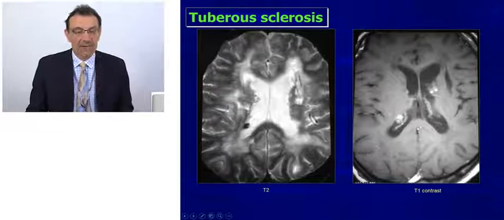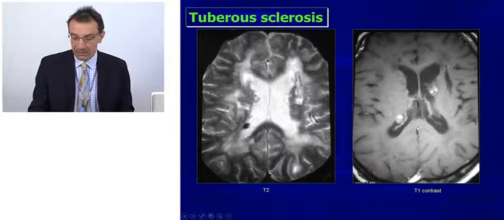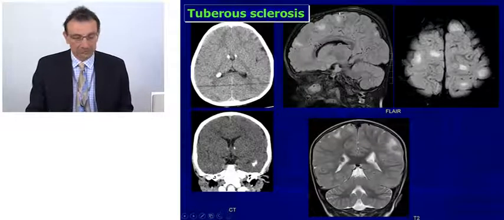This is MR on T2 and T1 after the contrast of a patient with tuberous sclerosis. You can see a real high signal from the white matter, this low signal from calcification subependymally, and after the contrast, the enhancement close to the foramen of Monro here should be a giant cell astrocytoma.